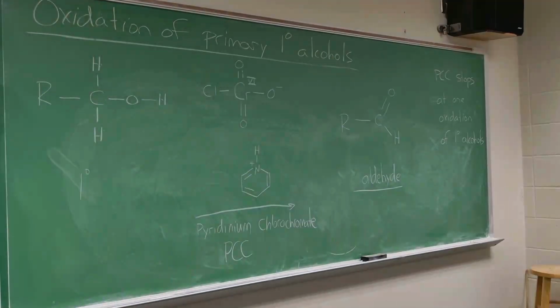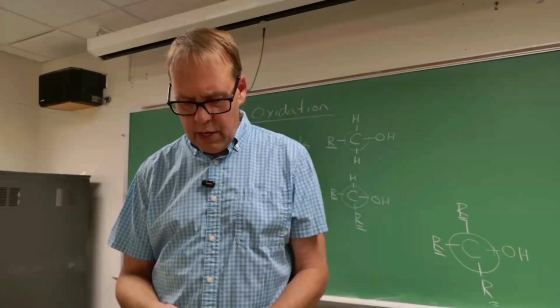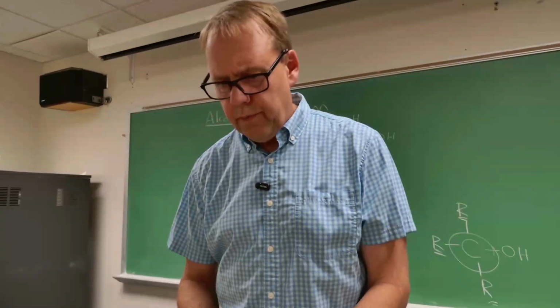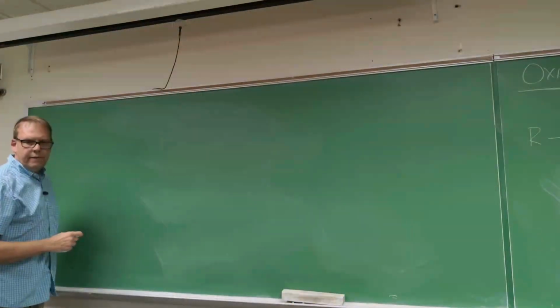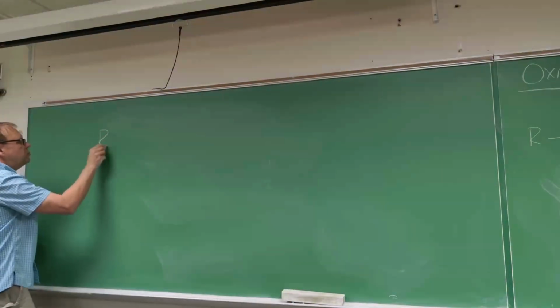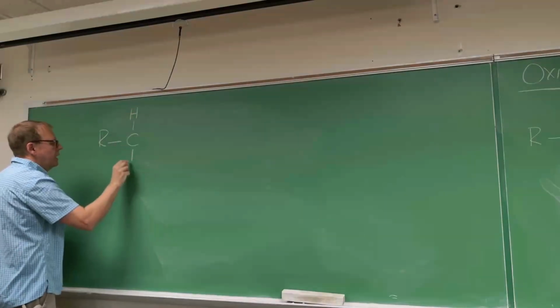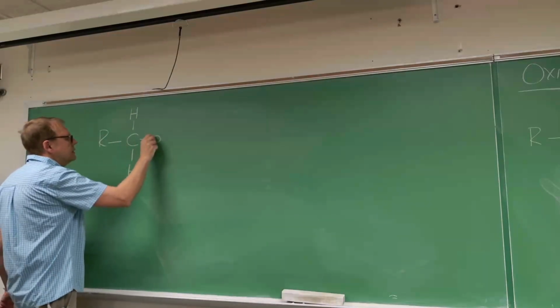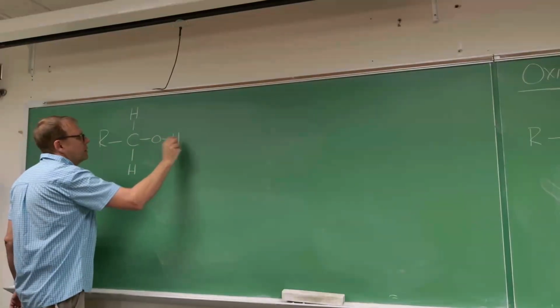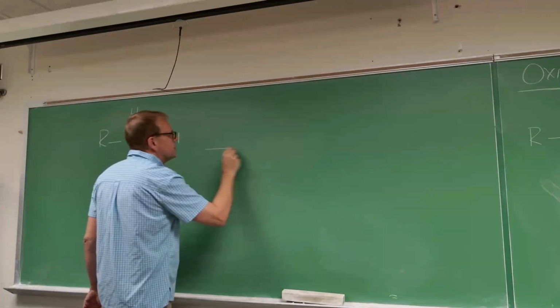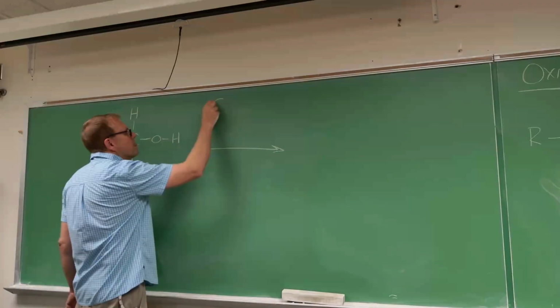So this is the other oxidation reaction that primary alcohols will undergo. If you have a primary alcohol and you put it in with any other kind of chromium-6 oxidant, and there are two sets of reagents that you'll see listed because the textbook highlights two of them.